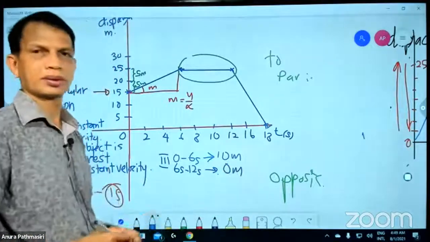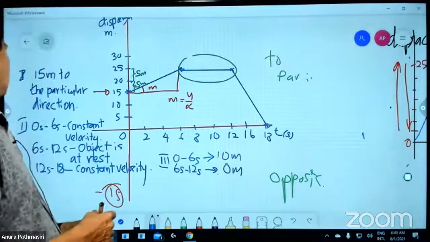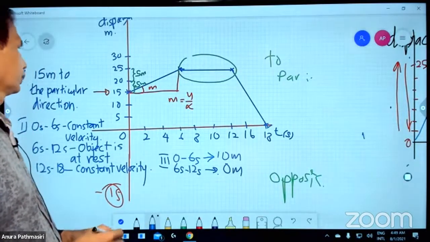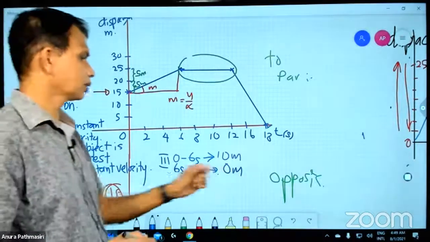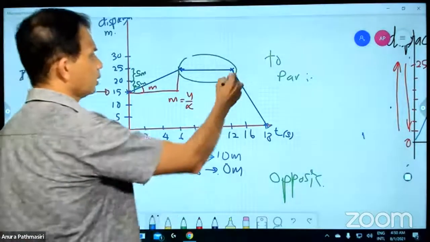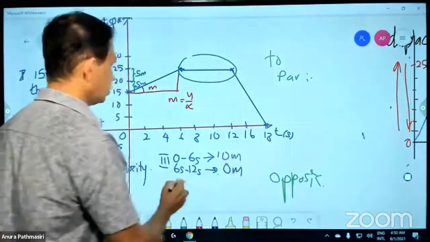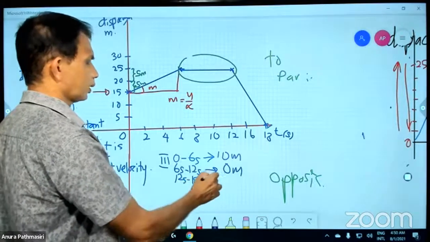It does not move. As we said, the object is at rest, which means its distance is 0 meters. And the next one is from 12 seconds to 18 seconds.